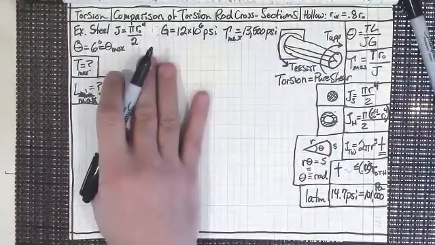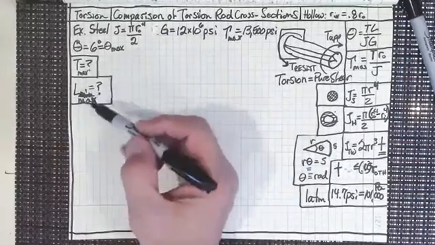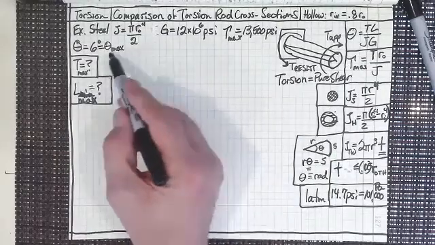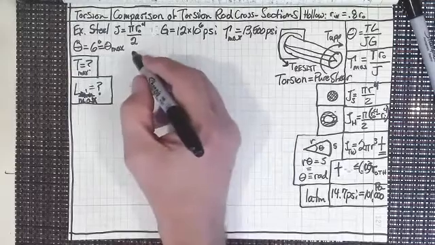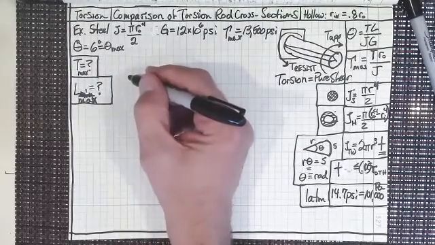So what we want to find out is the torque, and we want to find out the maximum length to not violate our 6 degrees. The first thing I want to do is look at what that torque is going to be.